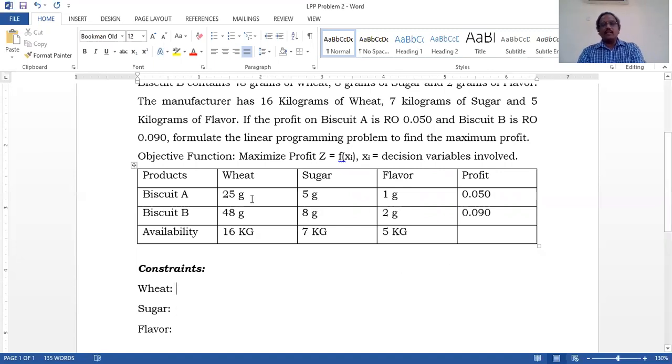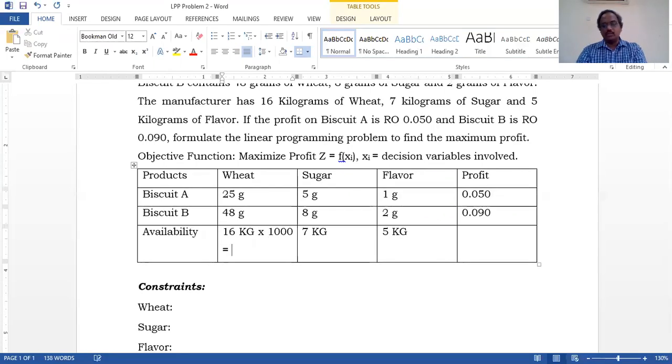When I check here, this is grams and here this is kilograms. So I'm going to multiply by 1000 to make them the same unit. So this is 16,000 grams. 7 kgs into 1000 becomes 7,000 grams. 5 kgs into 1000 is 5,000 grams.